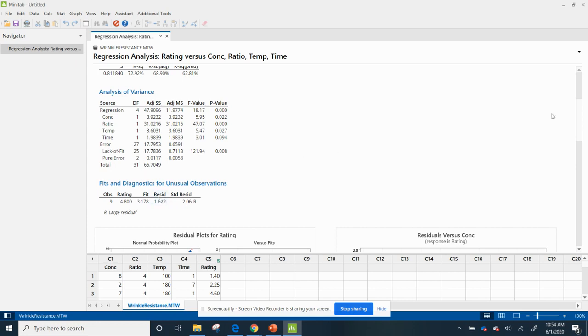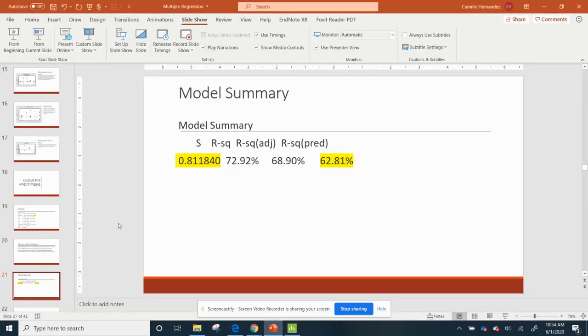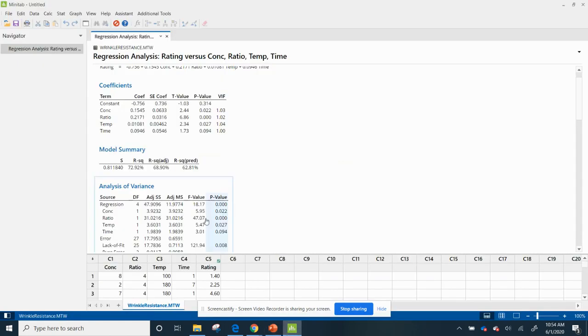So my model summary is right here. It's showing my R-squared value of 72.92. So again, think about what R-squared meant before. So there's some stuff going on there. I'm going to look at the 62.81 just to be conservative.